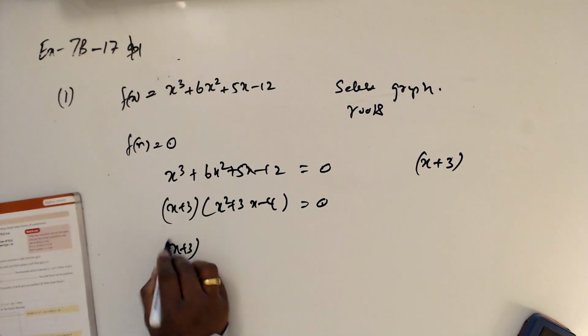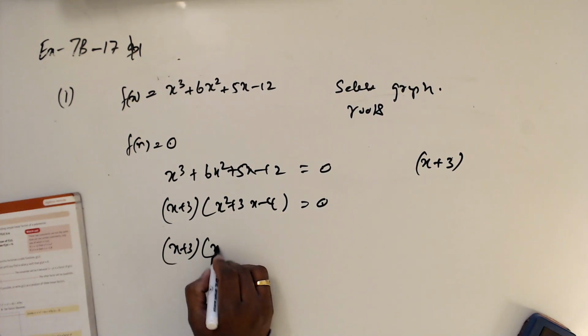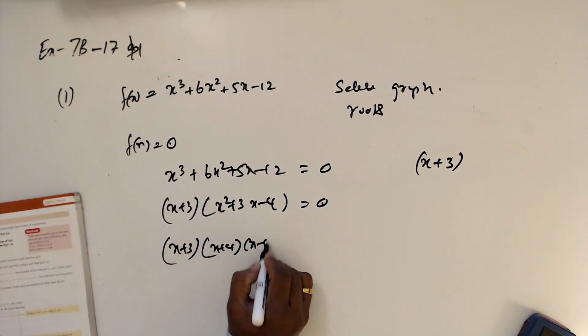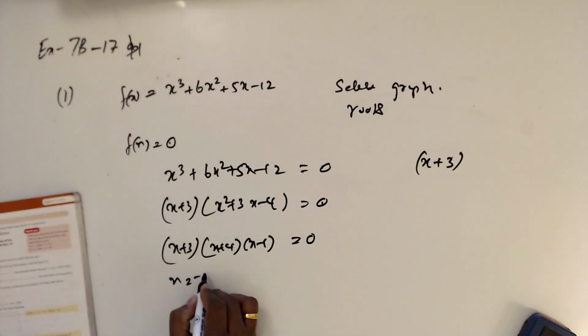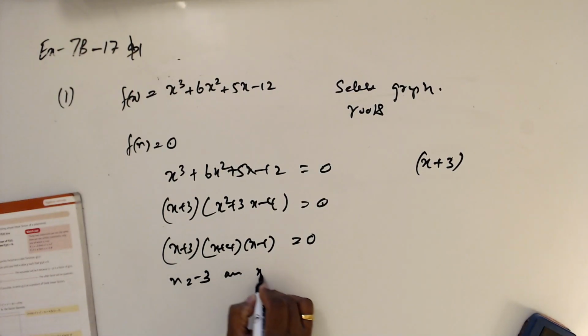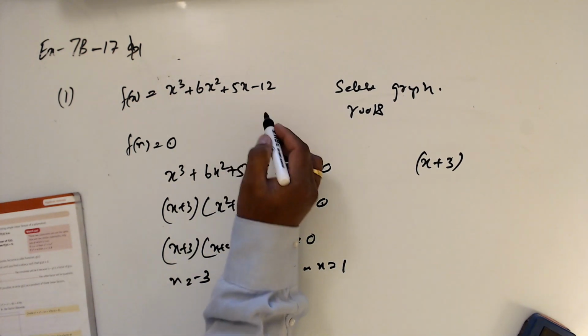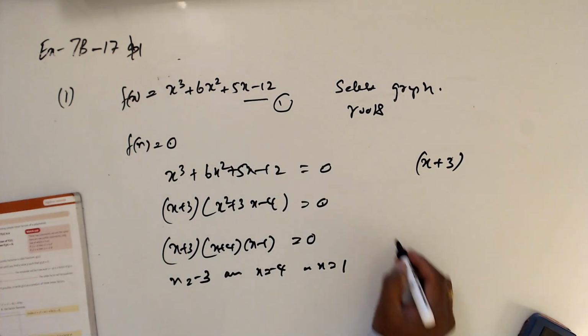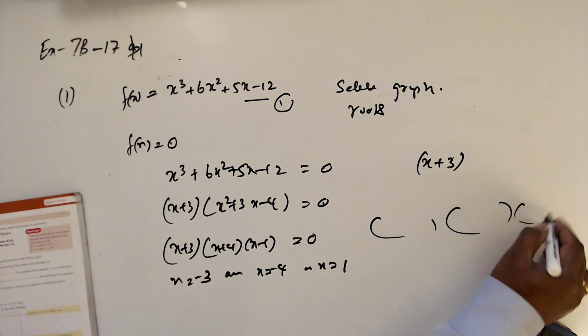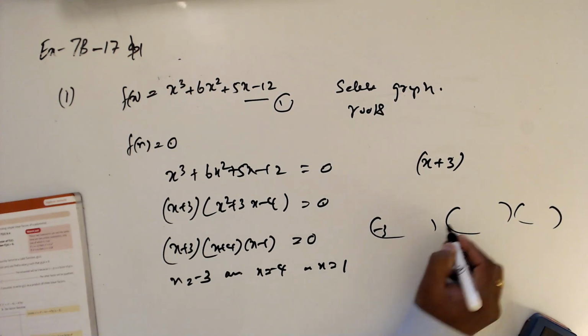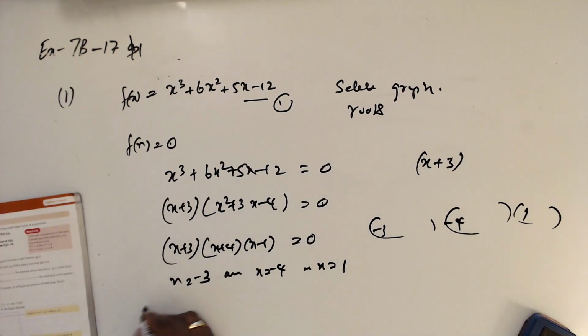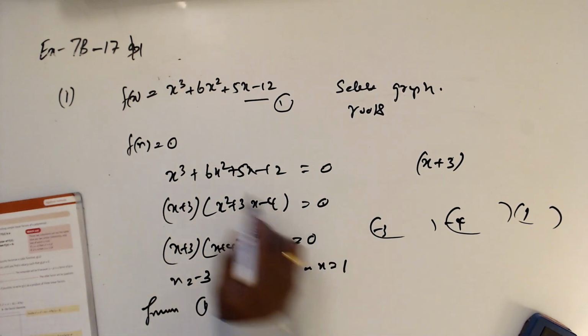Then x plus 3 times x plus 4, x minus 1 equals 0, so x equals minus 3, or x equals minus 4, or x equals 1. Those are the roots: minus 3, minus 4, 1. Now from 1, what is the y value?